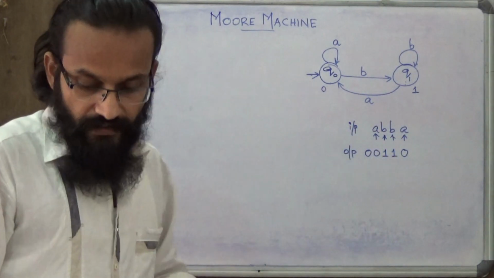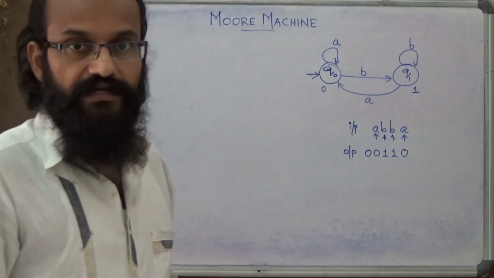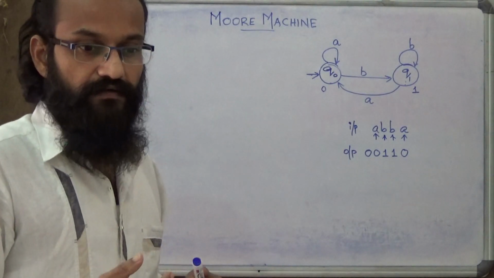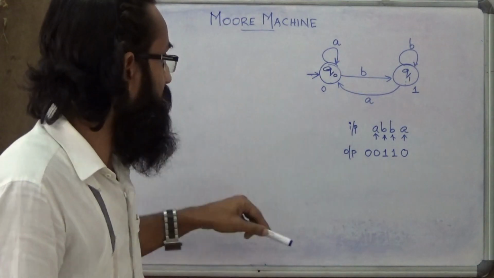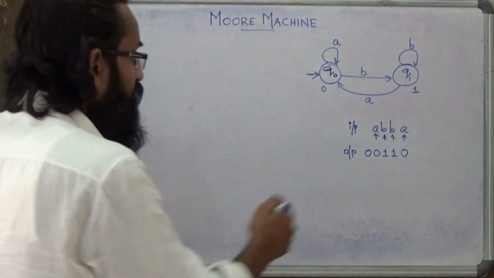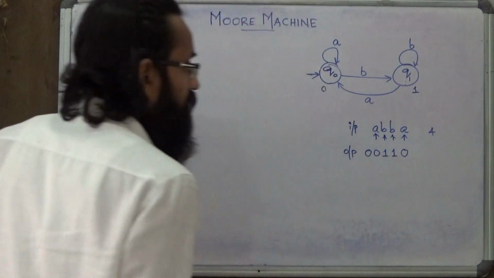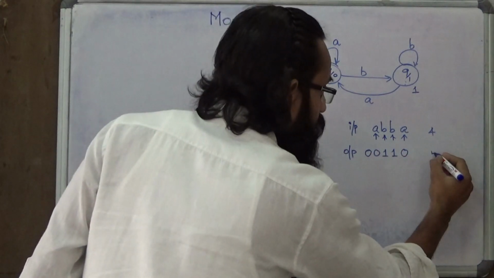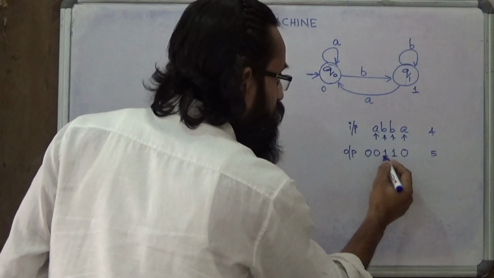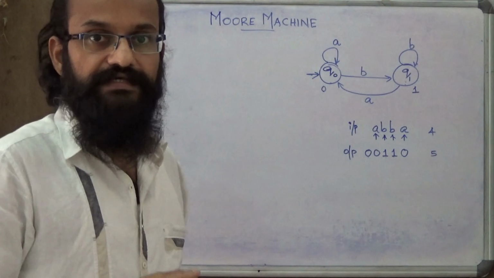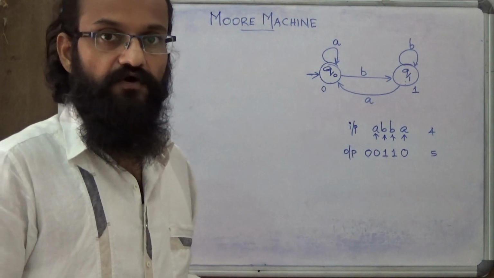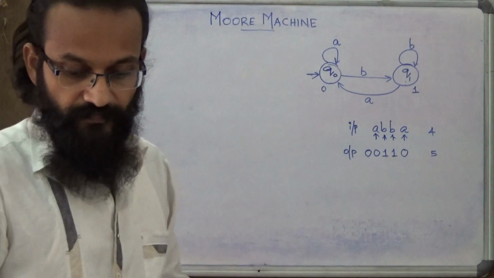Now from this you can identify one important property of this Moore machine. If the input string is of length 4, it will generate output of length 5. 1, 2, 3, 4, 5. In general, if the input string is of length n, the Moore machine will generate an output string of length n plus 1.